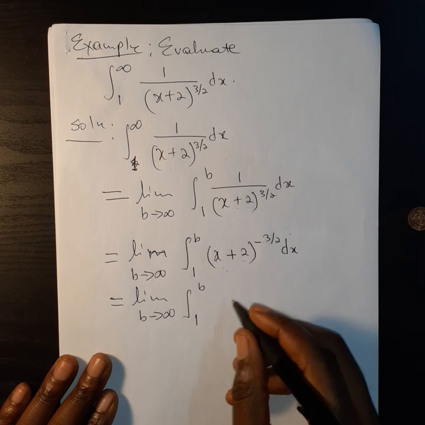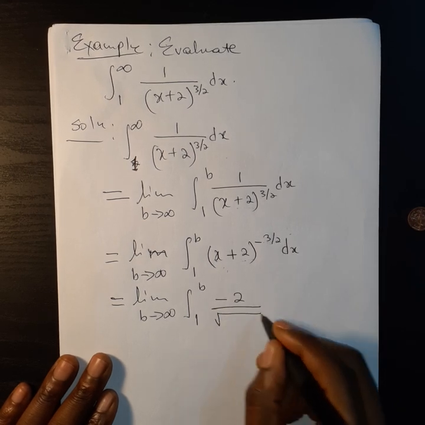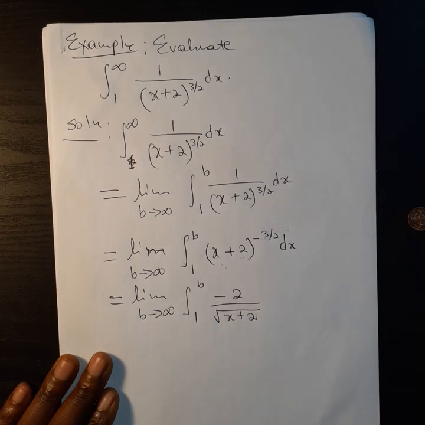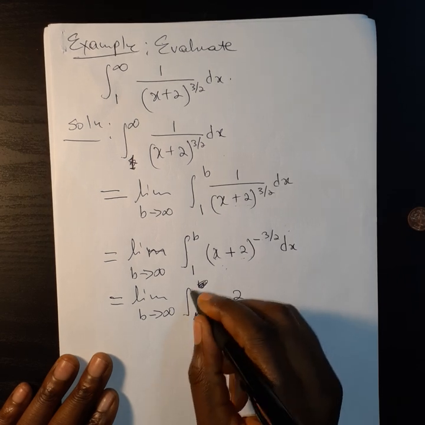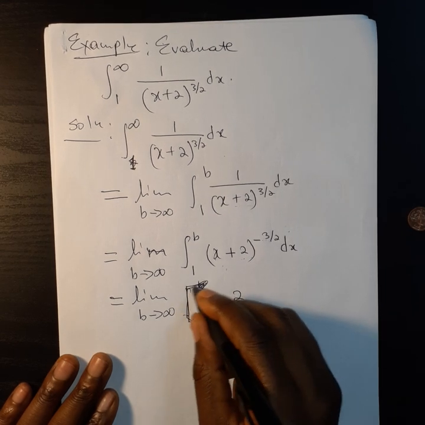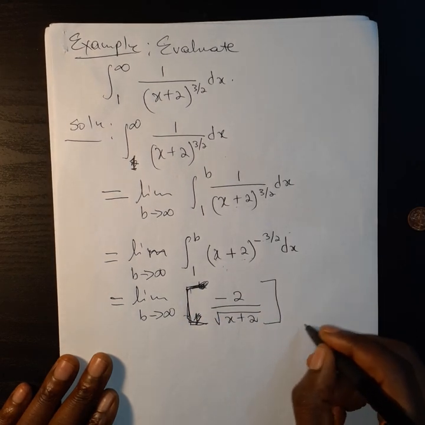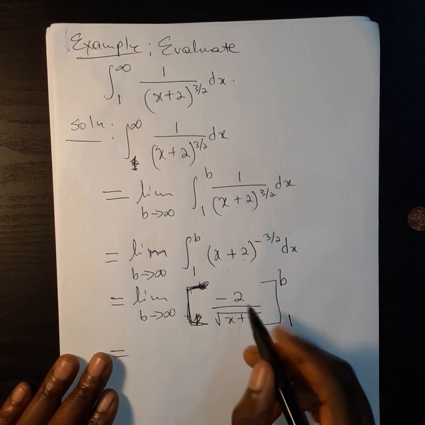So we end up with minus 2 over the square root of x plus 2, like that. Sorry, we no longer need this. It's like this from 1 to b, which we can now evaluate.